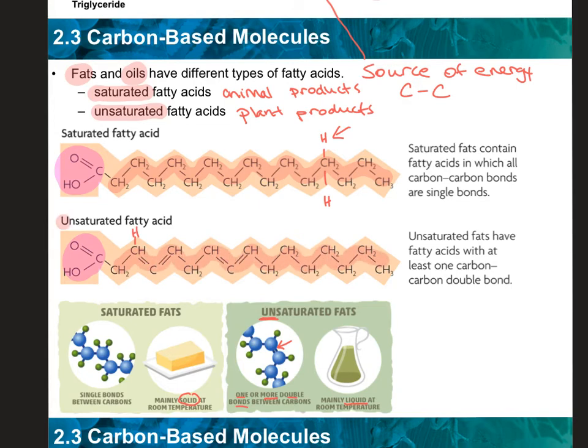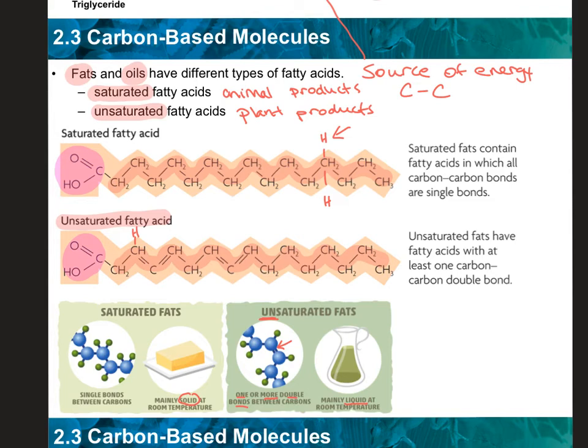And this would be my unsaturated fatty acid tail. And here would be my saturated fatty acid. So again, we have that ratio 1 to very few. So for every carbon, I have 2 hydrogens just about. Now that's a little different here. But I have very few oxygens compared to how many carbons and hydrogens I have. So 1 to very few.